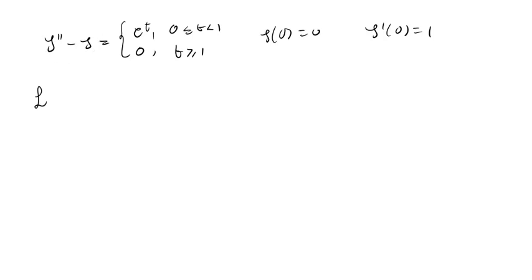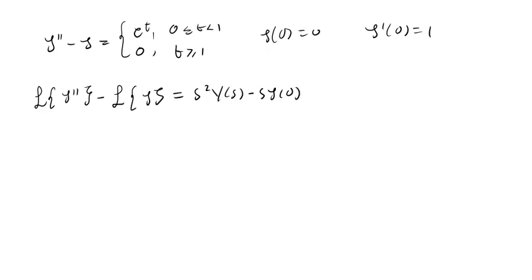So here we say the Laplace transform of y prime prime minus the Laplace transform of y. So this is going to be equal to s squared y of s minus s y of 0 minus y prime of 0 minus y of s for this one here.